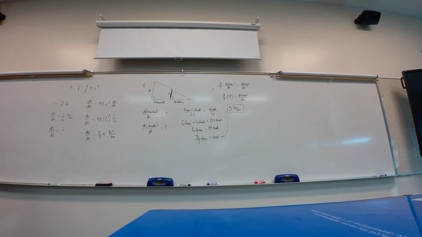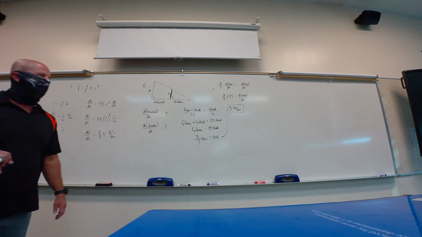Okay, skip down to number 4. We'll come back to 3. Read number 4 to yourself. Think about what kind of shape we have and what's going on.